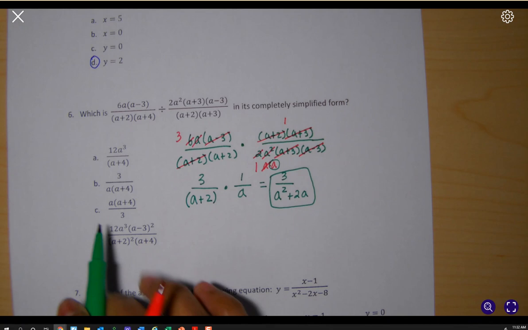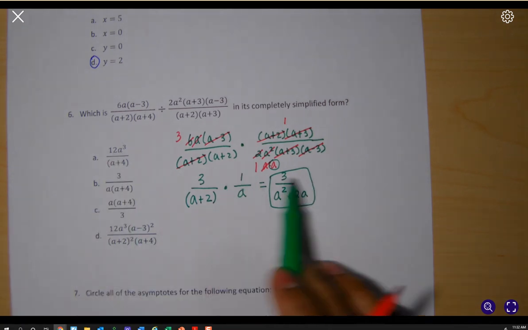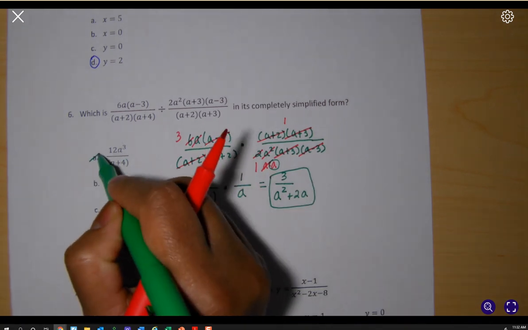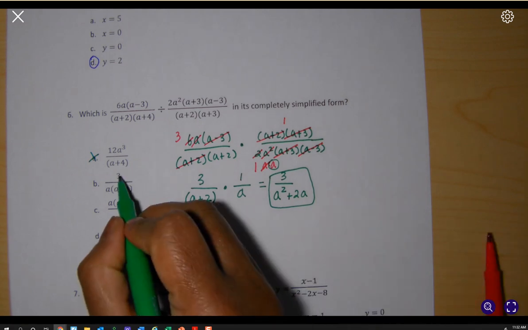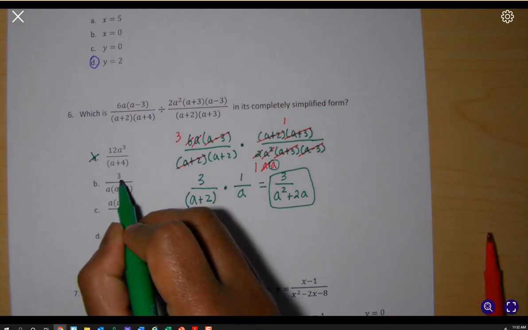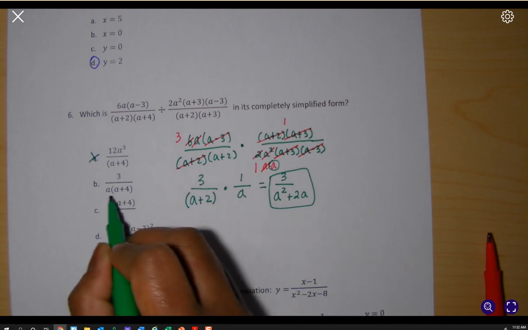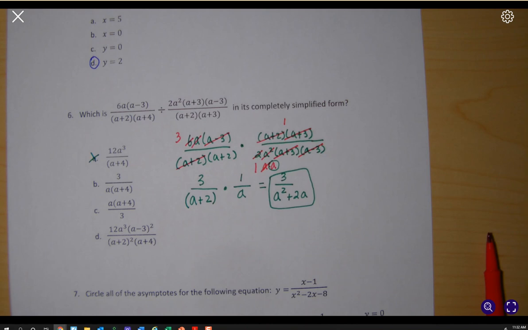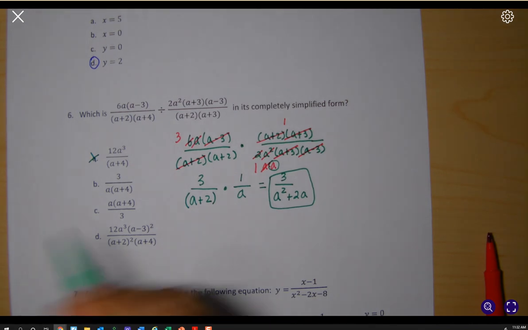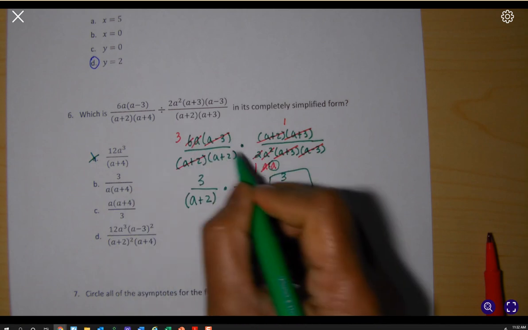Okay, so here, the numerator is 3. It cannot be this one. The numerator is 3. It could be this. Oh, okay, they didn't multiply it out. So a times a is a squared. Oh, I'm sorry. This was supposed to be a 4.